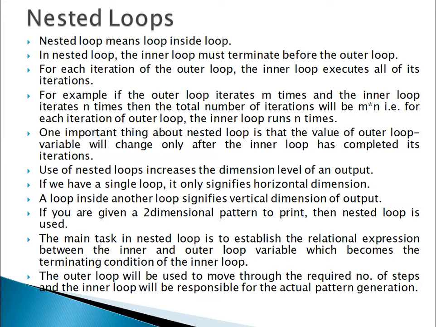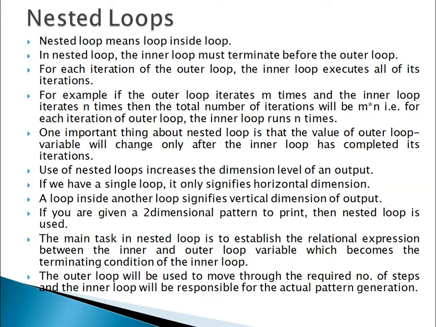The outer loop will be used to move through the required number of steps. That means it will move vertically. Whereas the inner loop will be responsible for the actual pattern generation, that is, horizontally. So if you have a pattern that has 2 dimensions, one horizontal and one vertical, then the vertical dimension, that means the changing of steps, will be taken care of by the outer loop, and the actual printing, that is the horizontal dimension, will be taken care of by the inner loop.